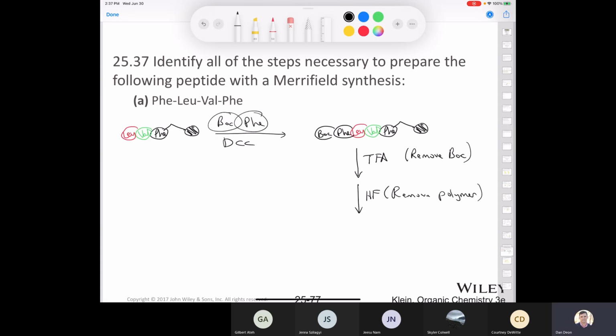Then I'm going to end up with this molecule, just like that. And there you go. Nothing to it. And that's the final answer. And that is the Merrifield synthesis, just like that.